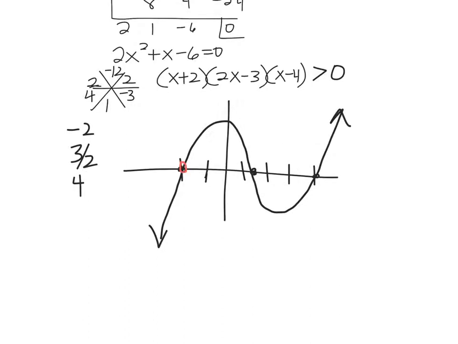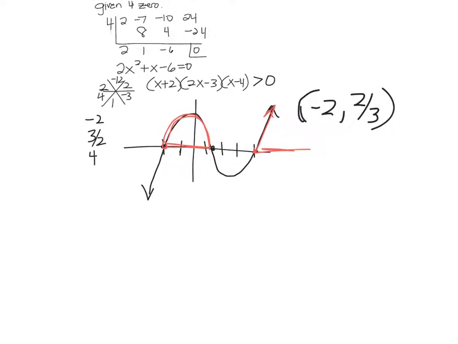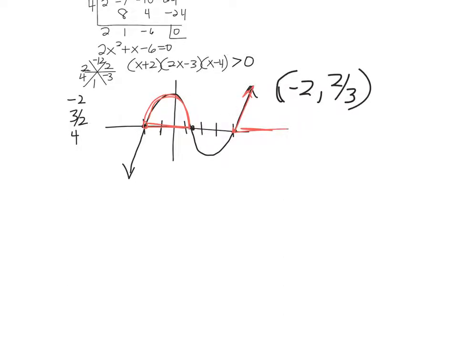So I'm looking at this interval here, and I'm looking at this interval here. Okay? So my answer would be from parentheses -2 to 3/2. It's above the x-axis. It's positive. It makes all the y values positive.